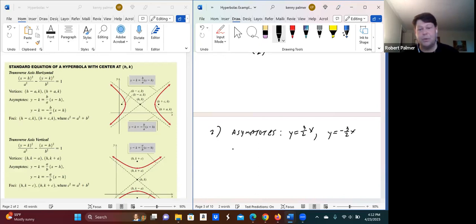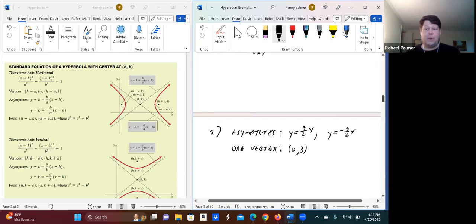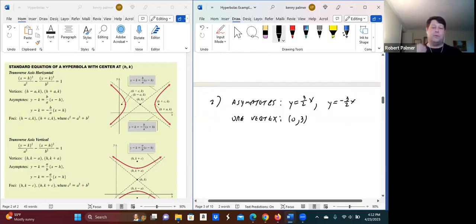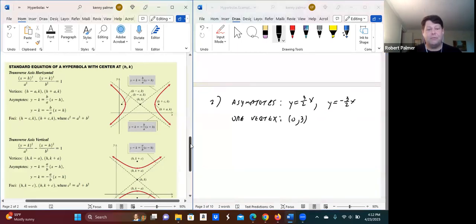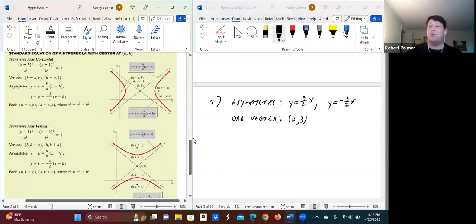What else we're told is that one vertex is 0, 3. That's all we know. So what we want to do is find the equation, so let's see if we can figure out from these basic features what we have.